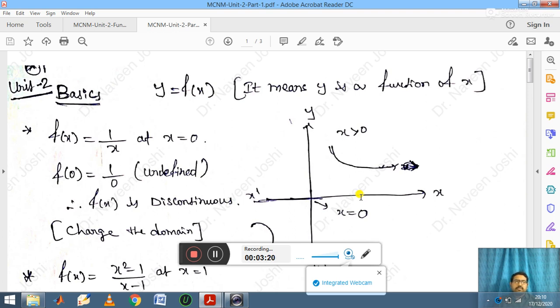A function having some breaks, meaning the curve is not a smooth curve, with a break in between the curves, is known as discontinuous. So it is easy to guess on the basis of graphical representation whether the given function is continuous or not.